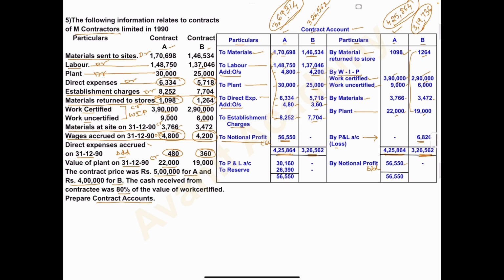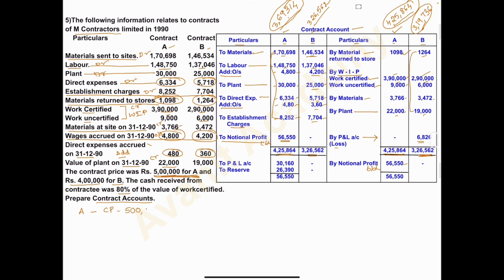The contract price was rupees 5 lakh for A. We have to see only contract A because we have got profit in contract A and in contract B we have got loss.